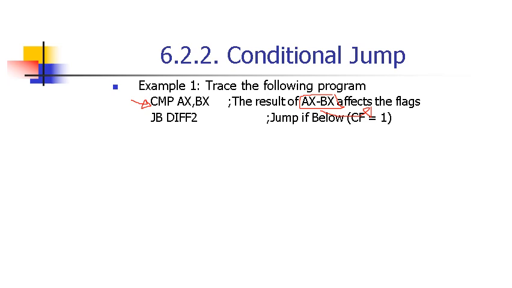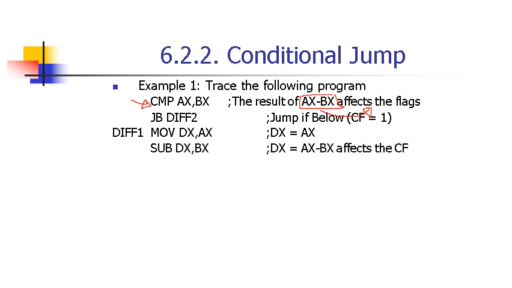If it's set, if it contains a 1, it does this jump to def2. Otherwise, it will go and move the value from the register AX to DX. But if the carry flag bit was set, indicating that your BX is greater than AX, it goes to def2.